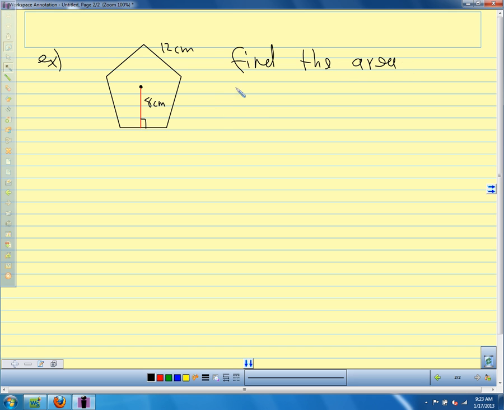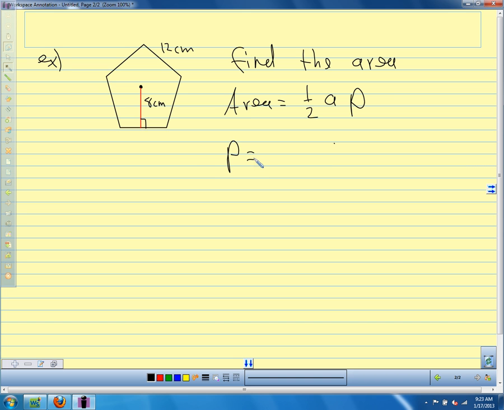Well, we know our formula: area equals 1/2 the apothem times the perimeter. So what do we need to figure out here that we need to plug into our formula? We need to figure out our perimeter. How do we figure out the perimeter here?